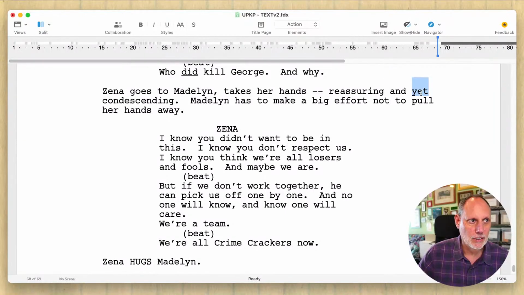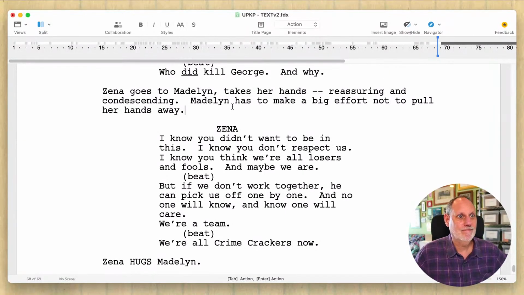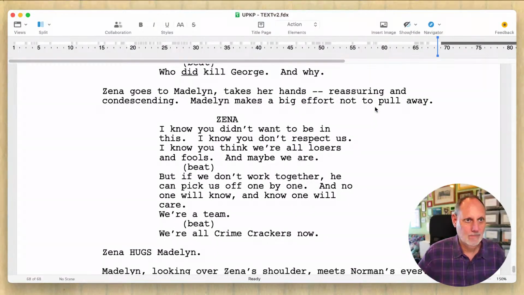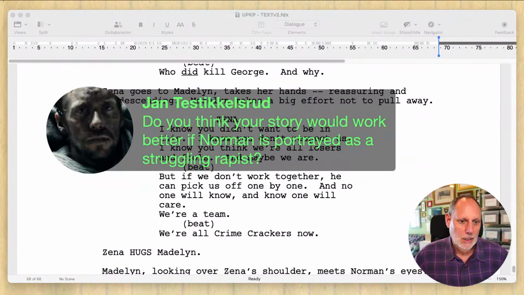Reassuring and yet condescending. Not to pull away. Okay. Boom. Banned. Okay.